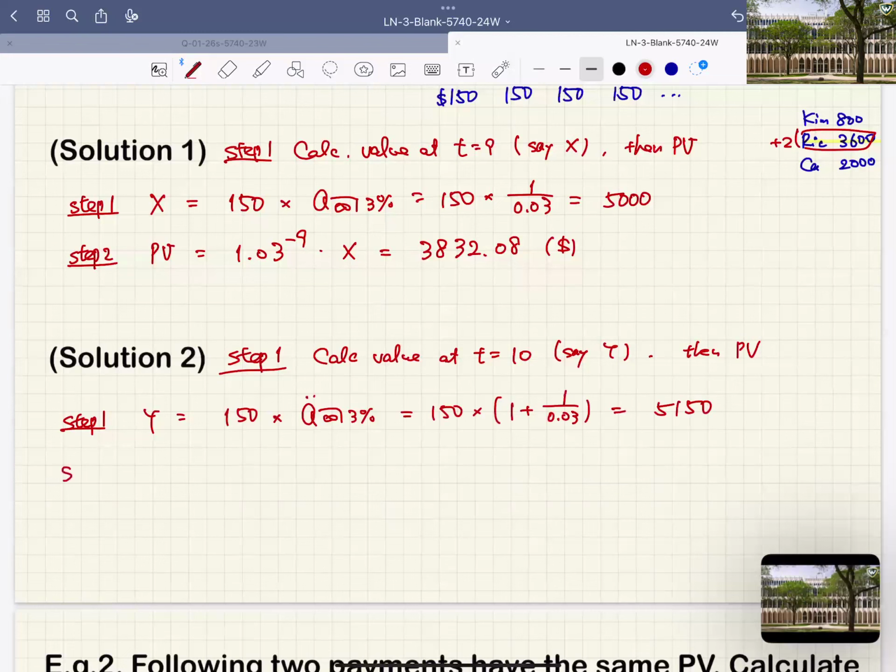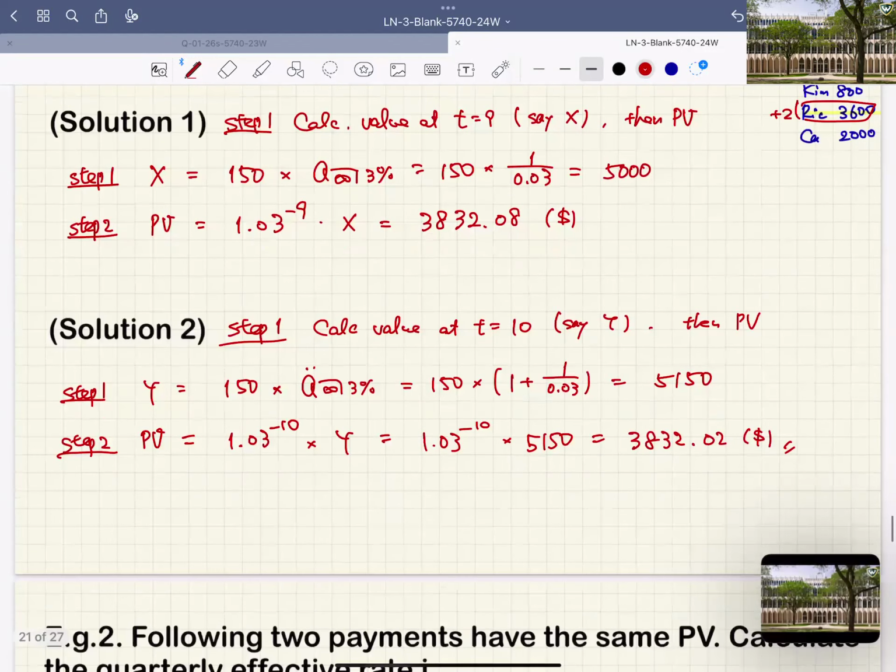The amount is different, but in step 2, PV is actually 10 years before y, so 1.03 to the power negative 10 times y. Then we have one more 1.03 inverse, which cancels this large amount, and we get the same answer. So you can use either the perpetuity immediate formula or the perpetuity due formula.